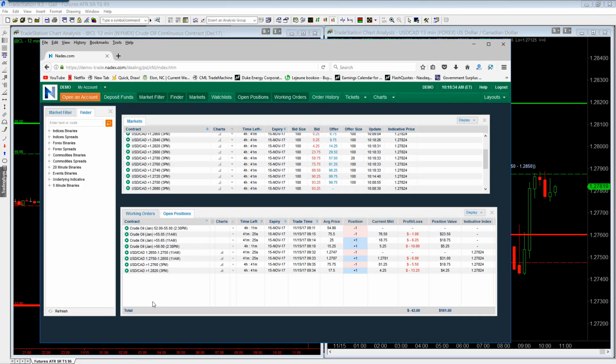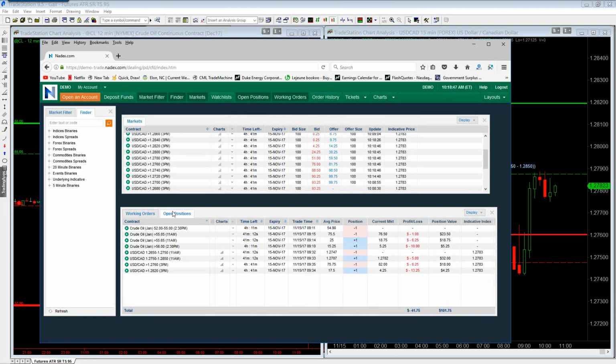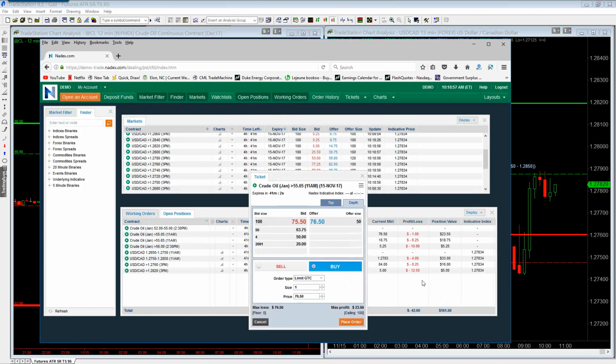I do not generally wait for expiration, Raphael, but again, this is a trader's option, whether they want to place a working order or not. I do. Anytime, for example, right now I have a crude 55.05, it's -1. If I click on the open position, okay, then you can automatically see that it is highlighted to buy, okay?